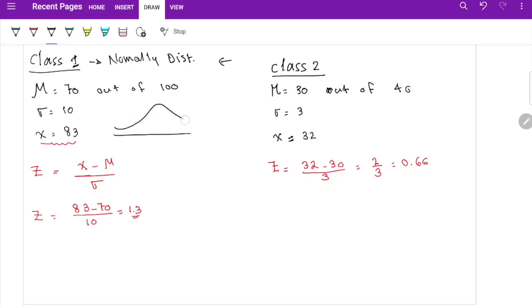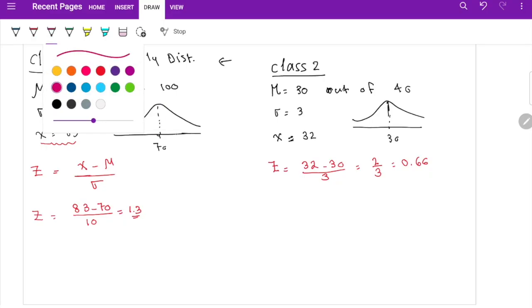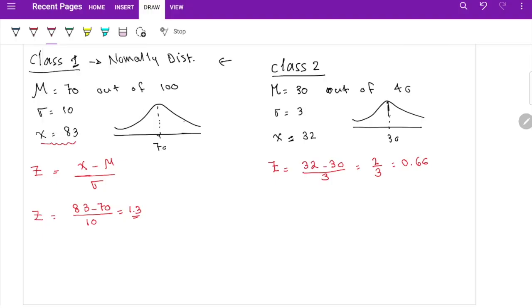You can tell me that this is the curve, this is the x, this is 83, this is the other class, this is the curve, this is the 30, this is the 70, sorry. Right? And your score here is 83, somewhere maybe here. Your friend's score somewhere here. Right? And this is normal distribution.